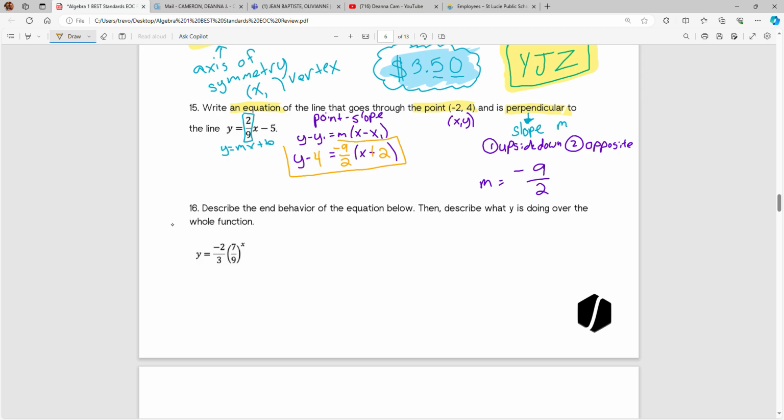because they may ask you to put this equation in slope-intercept form like the original equation was. So to do that, I can pretty quickly distribute my negative 9/2, and I can move my minus 4 from this side over to the other side. So I'm going to write y equals negative 9 over 2x, and then distribute negative 9 over 2 times positive 2.